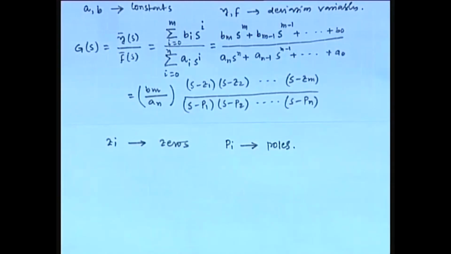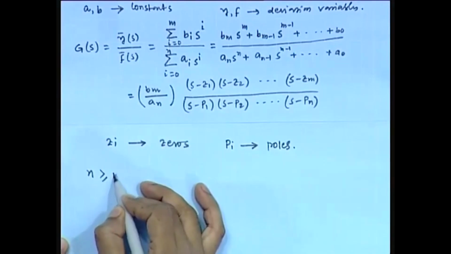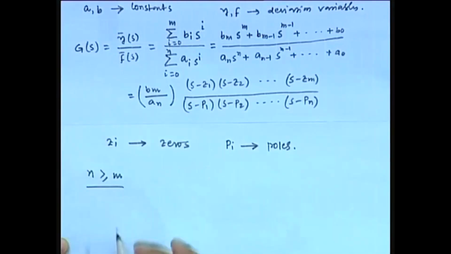Now, what about the order n and m? I mean, n will be greater than m, or equal to m, or less than m. For all physically meaningful systems, n should be greater than or equal to m.